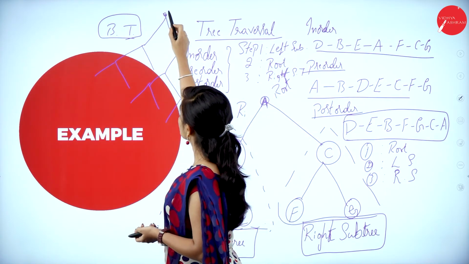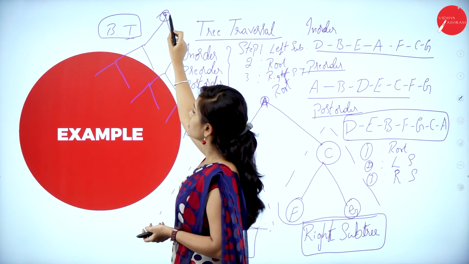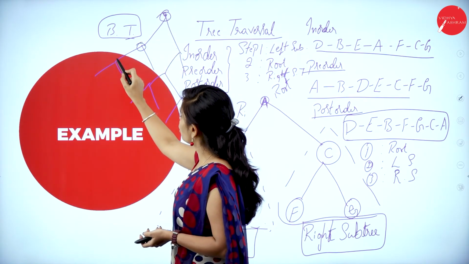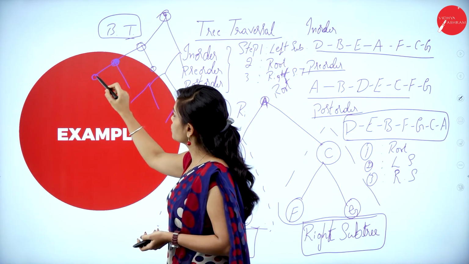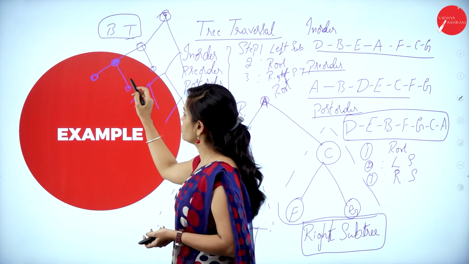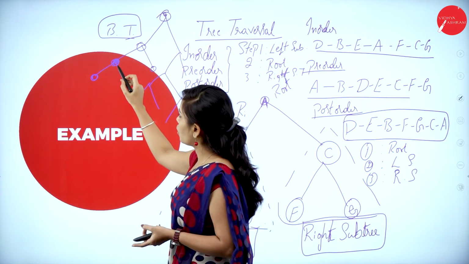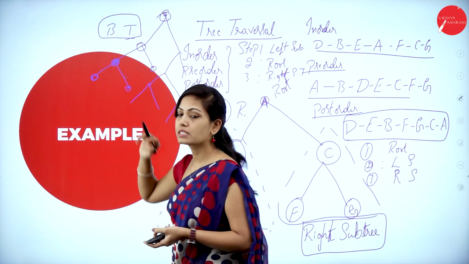Here the root is A. This is a parent of these 2 nodes, and this is a parent of these 2 nodes, and this is a parent of these 2 nodes. Now these 2 are called siblings, and they are also the children of this parent.